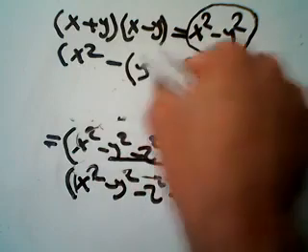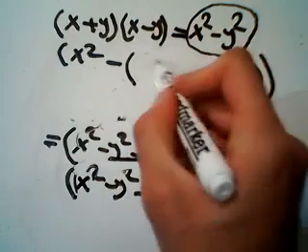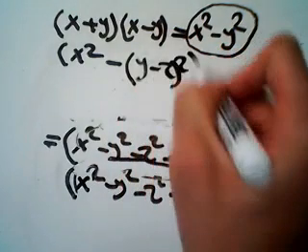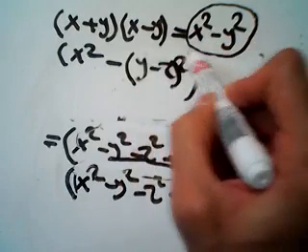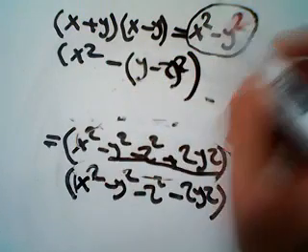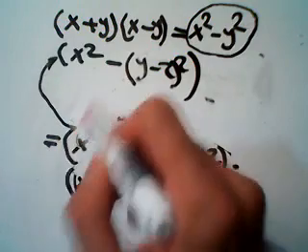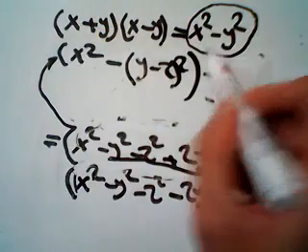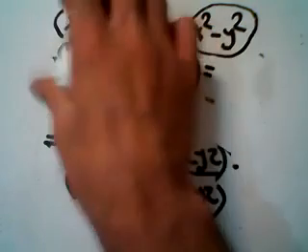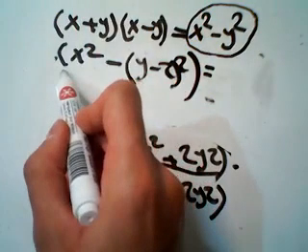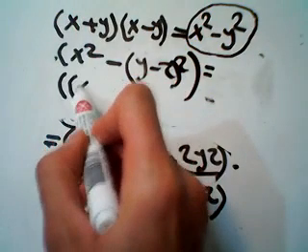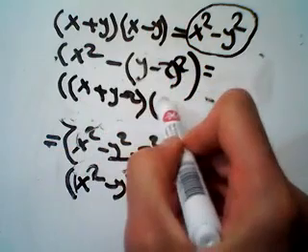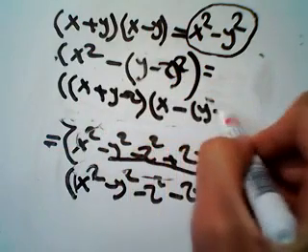Let me write it here, y minus z squared. And again, you could factor this one also. This is the first parenthesis here. You could factor this one also using that, and that would be x plus y minus z times x minus y minus z.